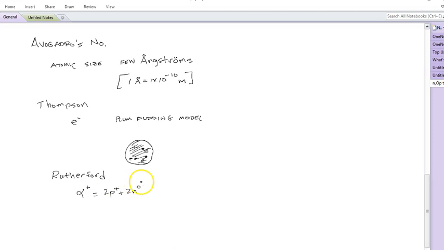So Rutherford says, well, it'll be interesting to see how the positively charged alpha particle interacts with the positive charge of the atoms in the gold. So he takes a gold foil and sends these alpha particles zooming towards the foil, and he looks to see in what direction these alpha particles are scattered.